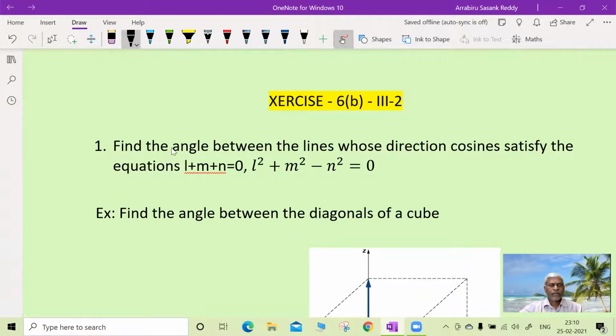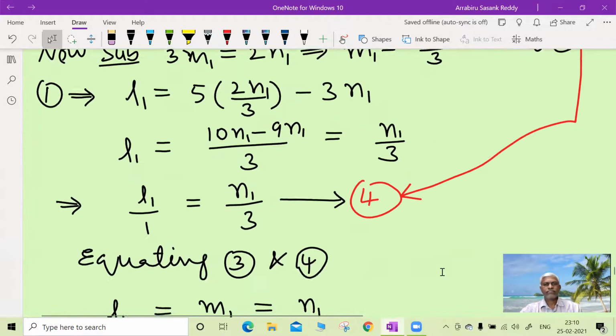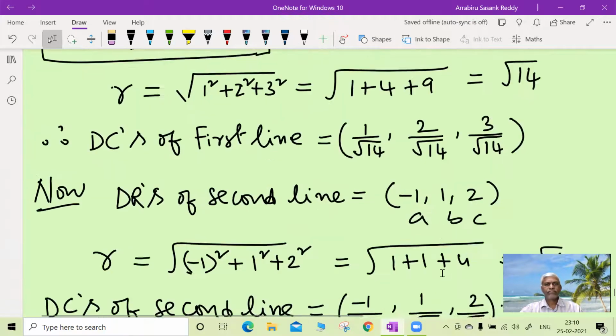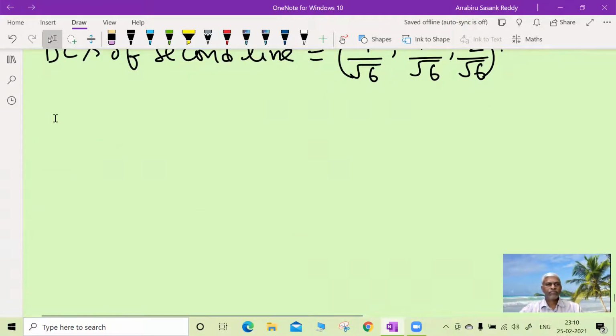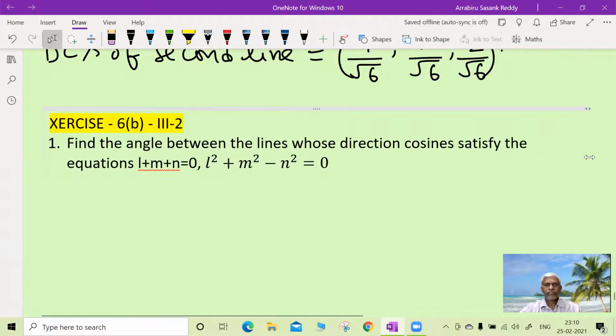Now, let us solve one more question. This is from the exercise 6B.